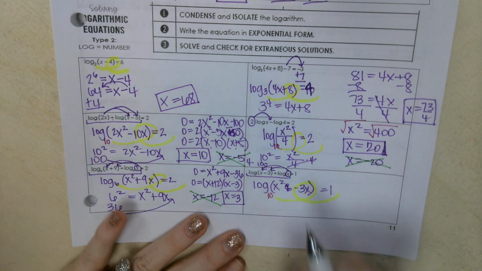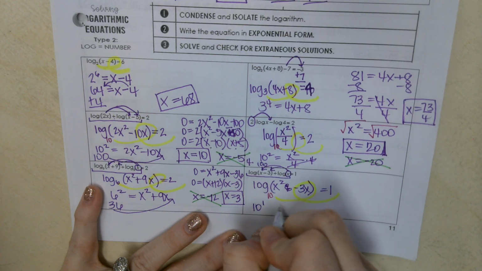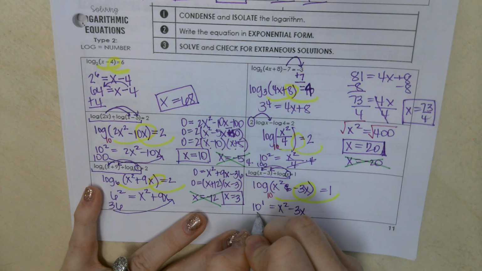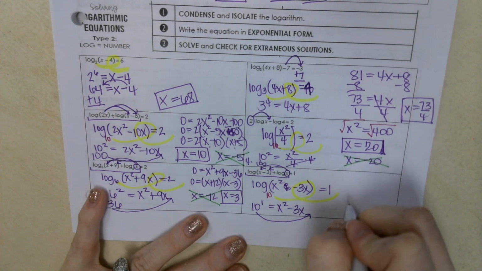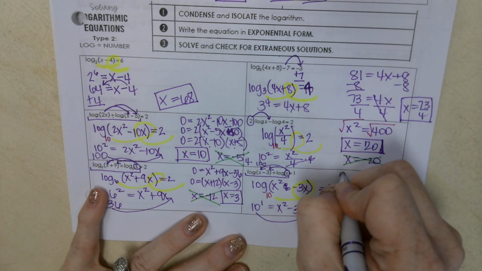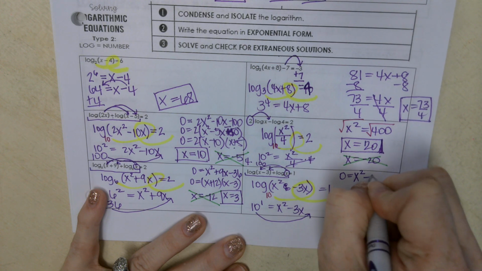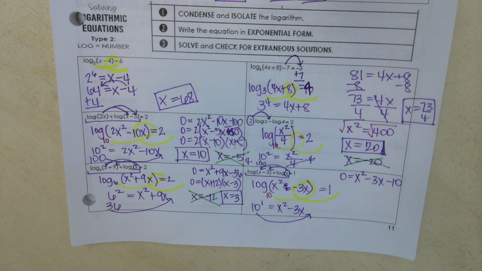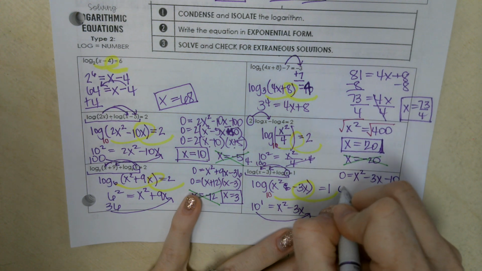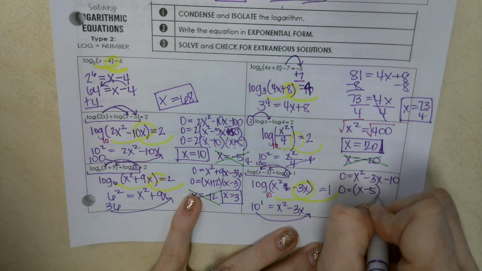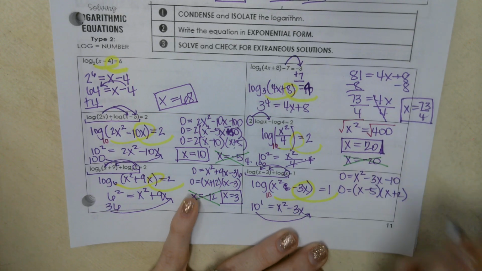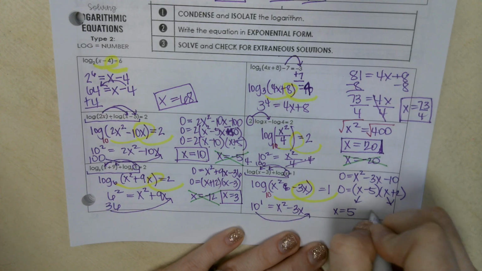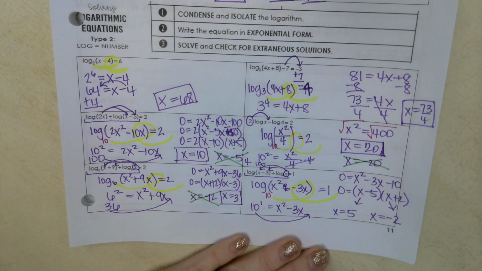If I put this in exponential form, this is 10 to the first power equals x squared minus 3x. 10 to the first power is just 10. So when I move this over, I have x squared minus 3x minus 10. Okay? And this factors into x minus 5 times x plus 2. So I get two potential solutions of positive 5 and negative 2.